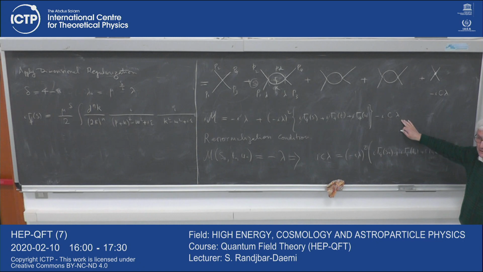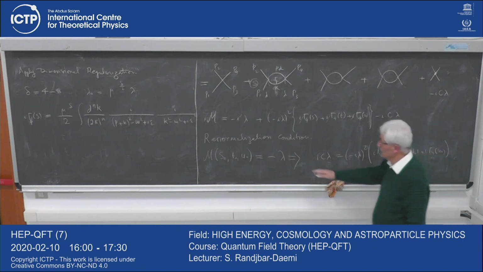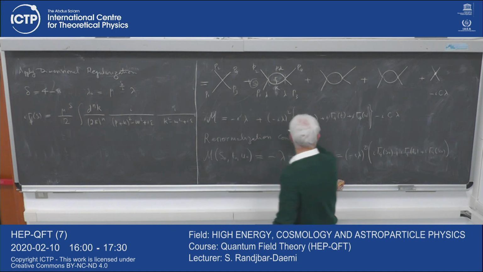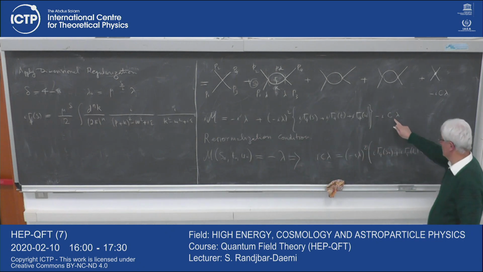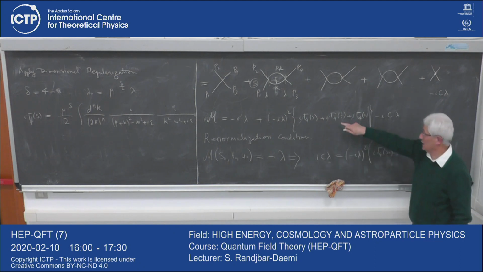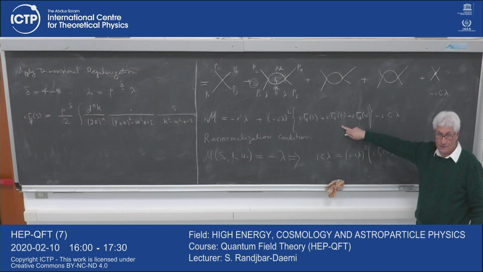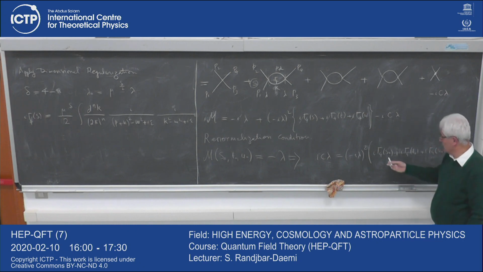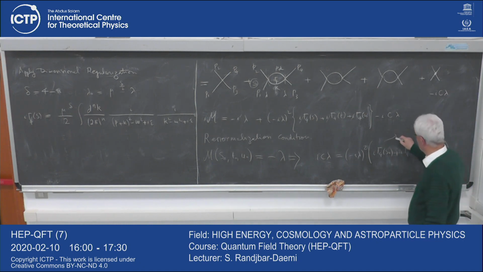Is it clear? If you set these values for STU, this term cancels there, and then the sum of these two terms must be 0, and that gives you this. Now take this IC lambda and put it back in the original relation. The first thing you note is that we know that this expression will be divergent, because it will go like the gamma function of 2 minus n over 2.